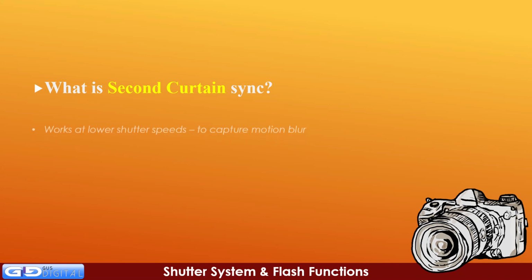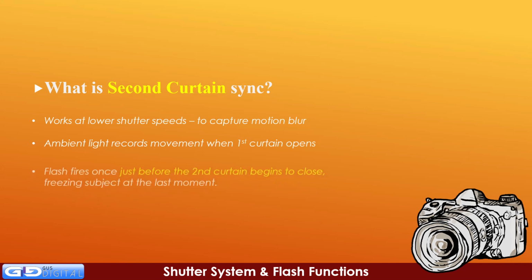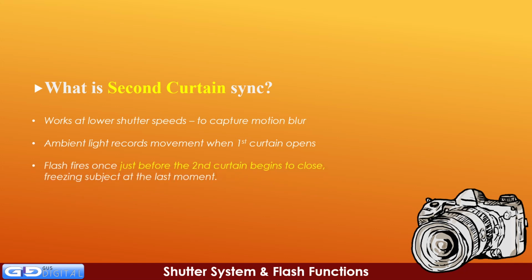Second curtain sync, again, it's a creative technique to capture motion blur of a moving subject. Again, it only works at a shutter speed slow enough to capture motion blur. The difference is, in this case, the flash fires once just before the second curtain closes.